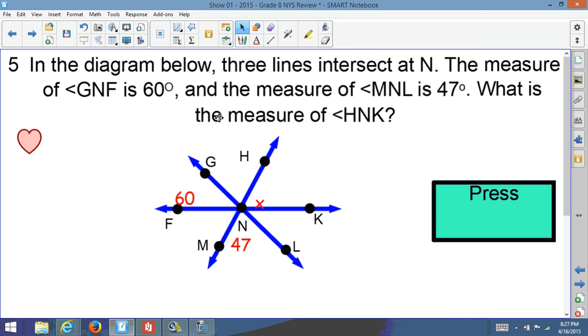So let's see, what do we have here? Well, the first thing I notice, we have vertical angles all over the place here. Opposite angles are vertical angles. I also have a straight angle here. So this is a straight angle, and let's color it so we can see it better. We have a straight angle here, and it's cut up into all of these parts.